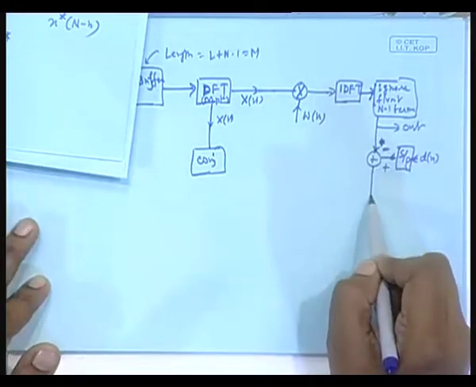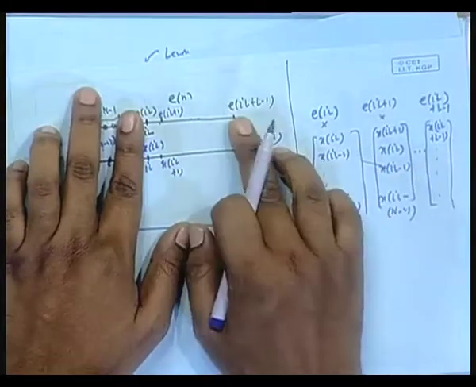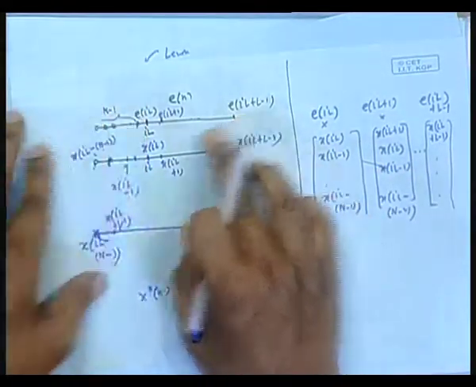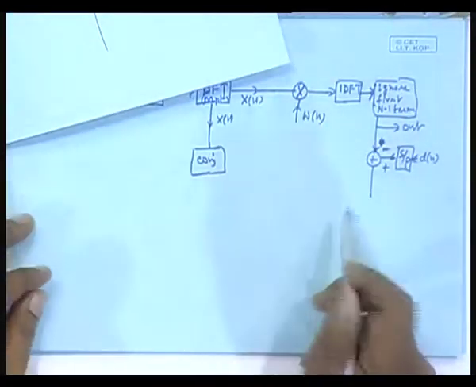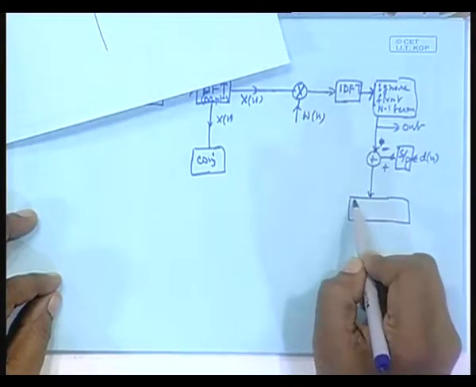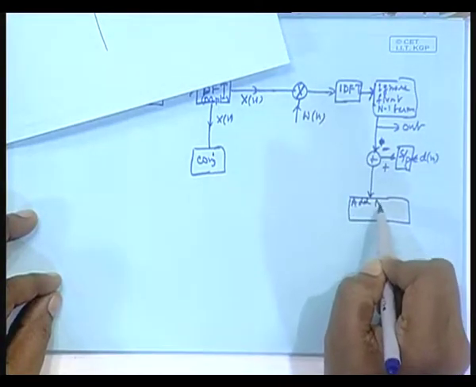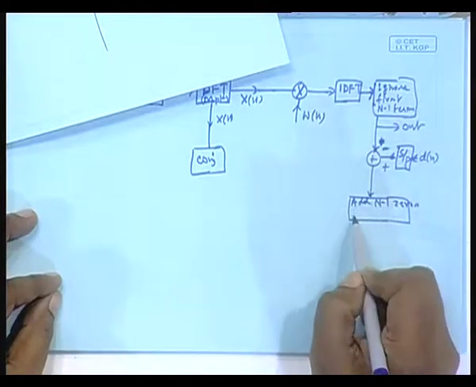So, this error, I get an error sequence, which kind of error sequence? From EIL to this. I have to now add extra zeros. How many? n minus 1 zeros in the beginning. So, add n minus 1 zeros in the front.